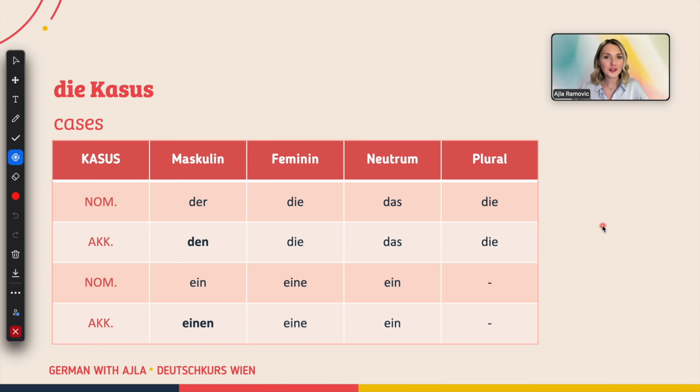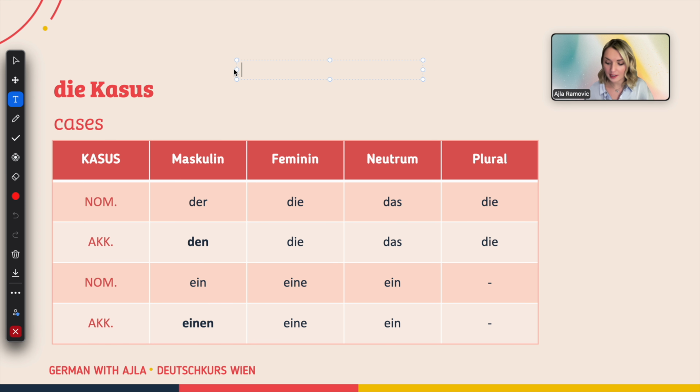After we have learned which questions are used for which cases, the next step is to learn the changes that are happening. The most important thing that you have to know here is that the word itself will not change. The thing that will change is the article that is used with a word.